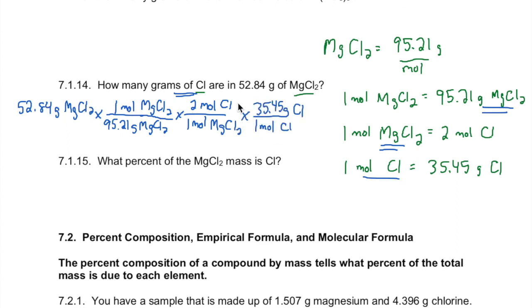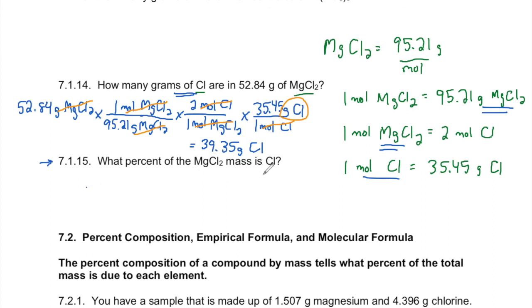So if we do all of these conversion factors, we will cancel grams of magnesium chloride, cancel moles of magnesium chloride, cancel moles of chlorine, and we will end up with grams of chlorine. And that ends up being 39.35 grams of chlorine.